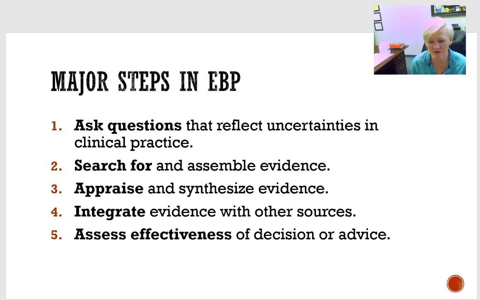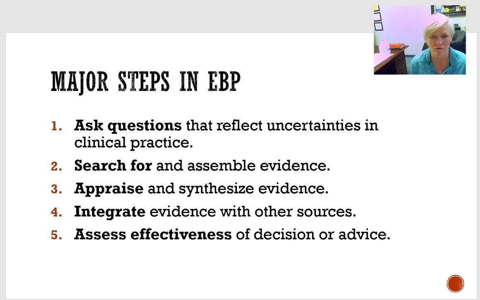So after you ask the question, then you start looking for evidence. You search out the evidence and assemble it, and then you start appraising it and synthesizing it. So that's looking at, is this good evidence? We've talked about the ways to do that. And then putting the good studies together, and comparing and contrasting. And then you'll integrate evidence with other sources. So your clinical expertise is one other source. The patient preference is another source, because this is where, like I said, you're really qualitative, but everybody is different, and so you need to look at their preferences on things.